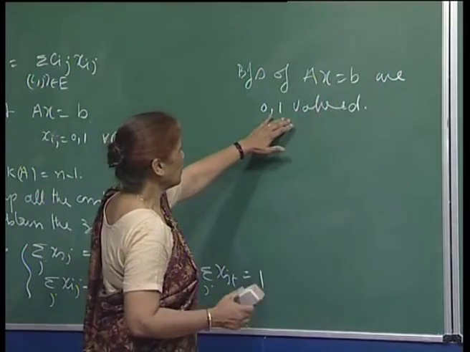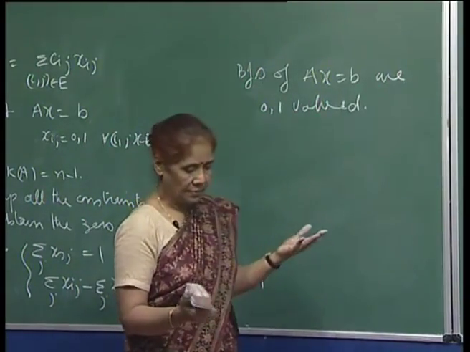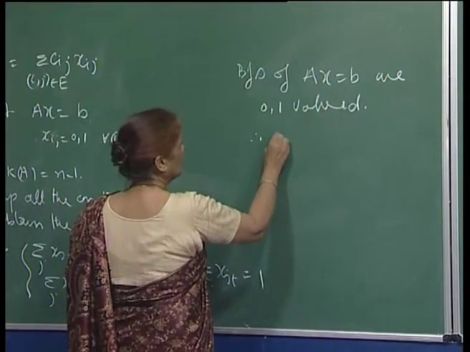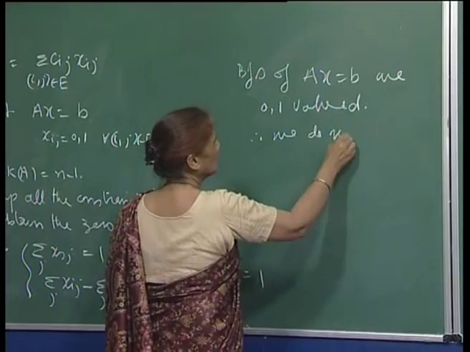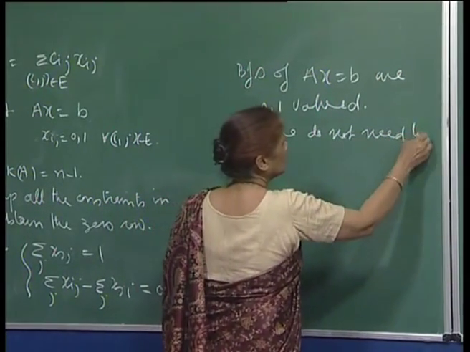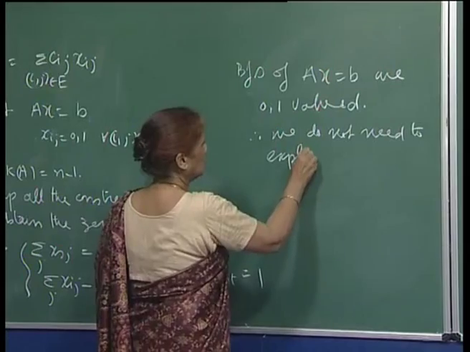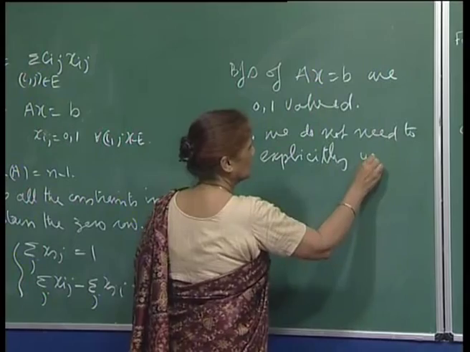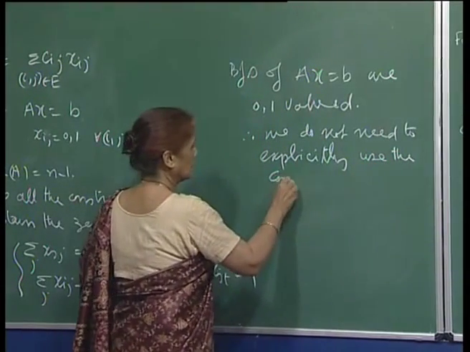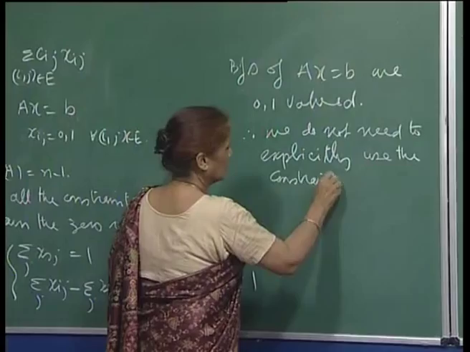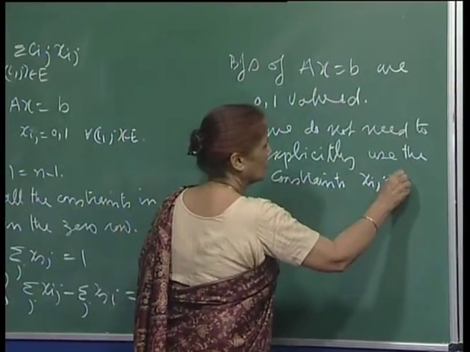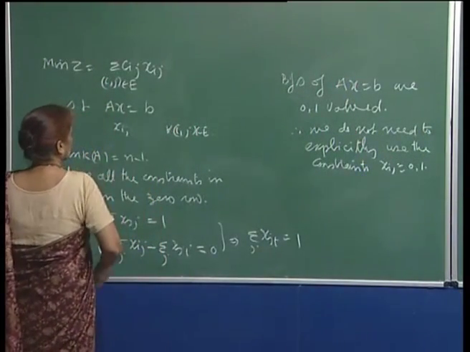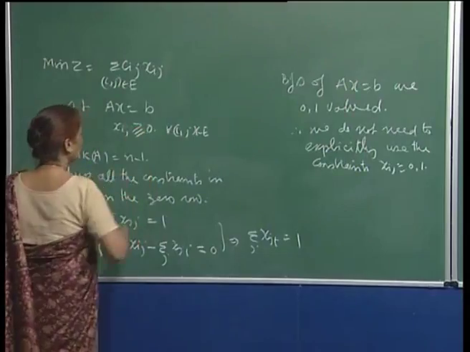Since this property is already there, and linear programming formulation only works with basic feasible solutions, we do not need to explicitly use the constraints x_ij equal to 0 or 1. So, I can remove these constraints and say that x_ij is just greater than or equal to 0.